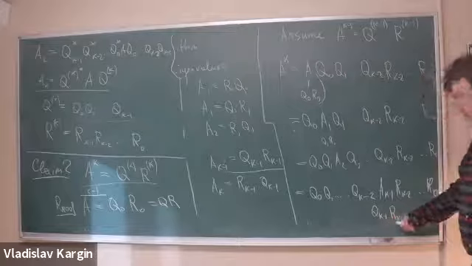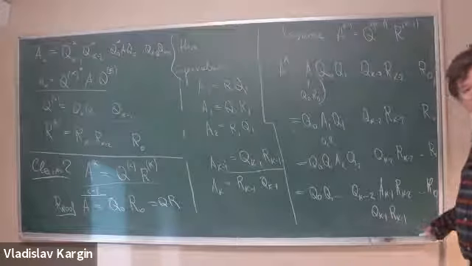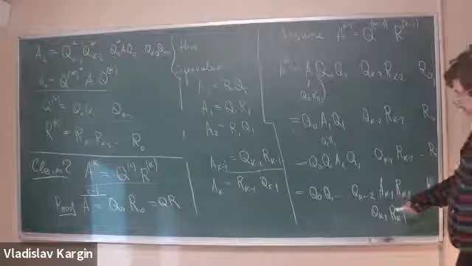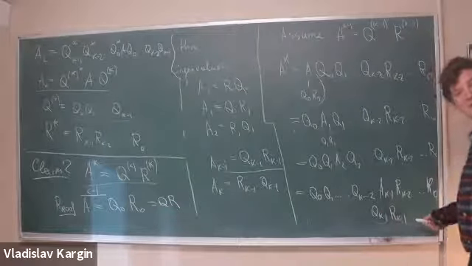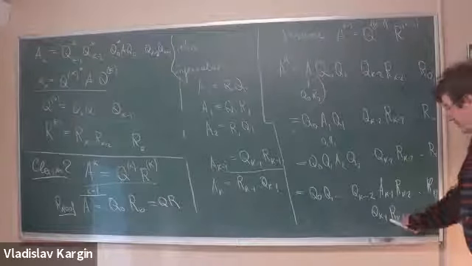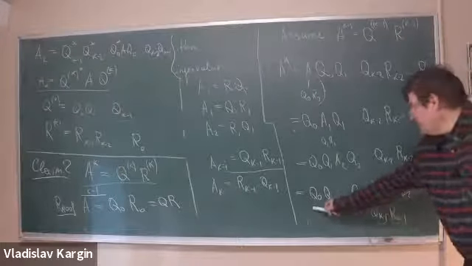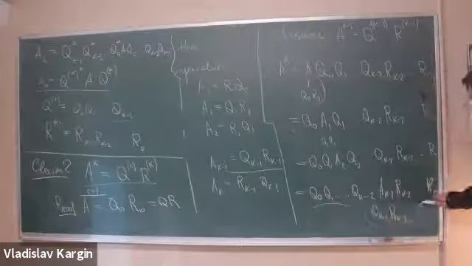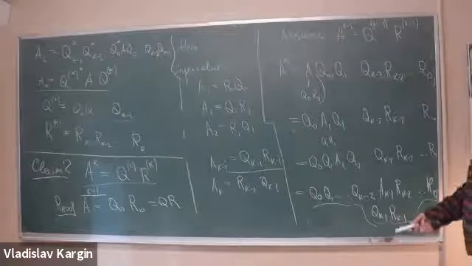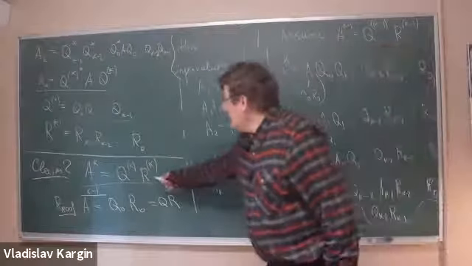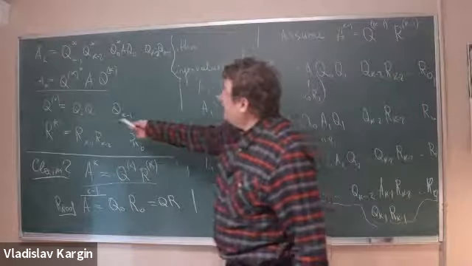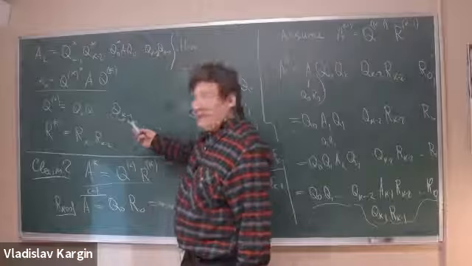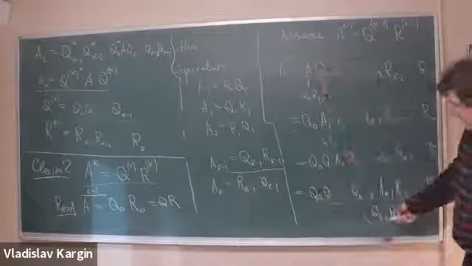So we can do an additional transformation and write this as Q_{k-1} R_{k-1}. We just introduce a new Q_{k-1} and another R_{k-1}. But after that, we look at this thing and see that this is the definition of our Q_k and R_k. Q_k was defined as Q0, Q1, up to Q_{k-1}, and this is exactly what is written here.